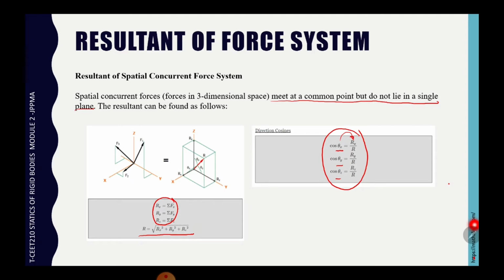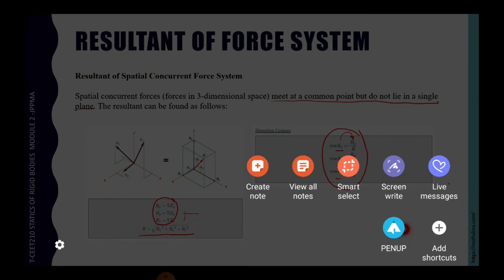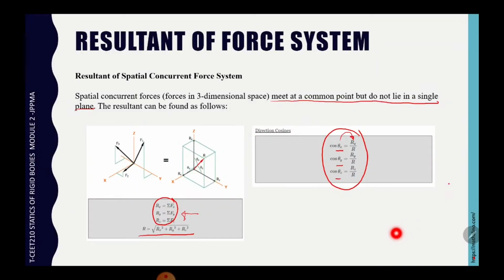Kumbaga, kung anong axis yon, consistent na dun ka lang magpo-focus sa axis na yon. So, meron tayong tatlo din, katulad ng sa resultant natin, kasi tatlo po yung axis natin, kasi nga three-dimensional space. So, that's it. This is the formula guide for our sample problem.